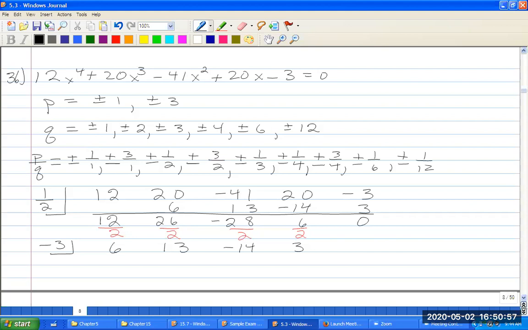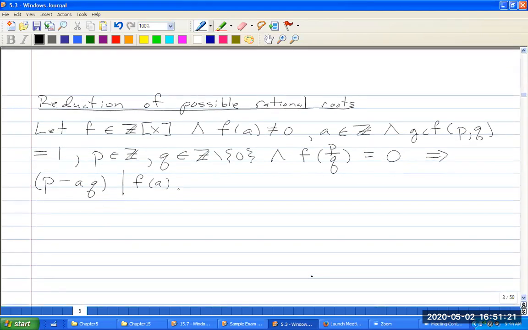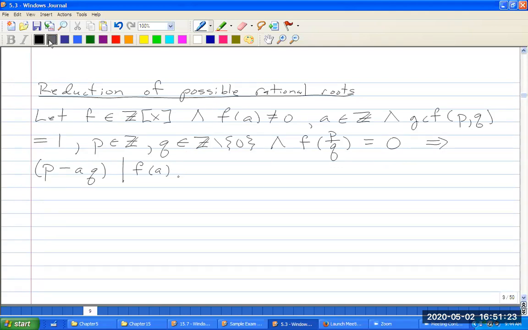Let's just try that. 6 minus 18, minus 5, 15, 1, and that'll give me a minus 3, 0. Okay, good. I'm going to have to go into the next page, no matter what.